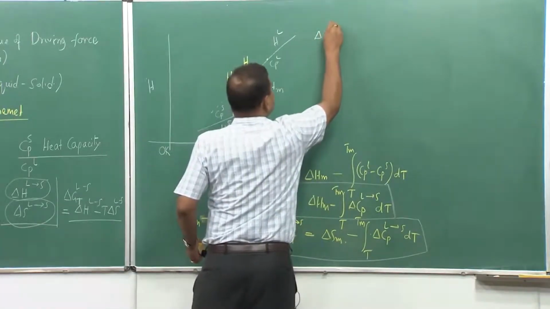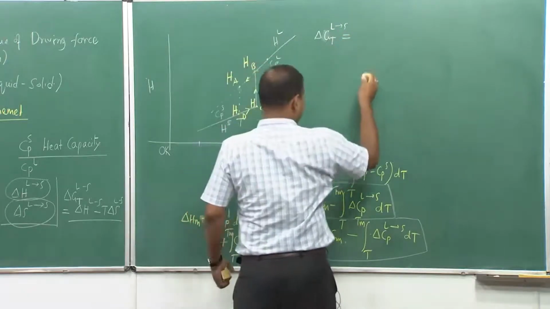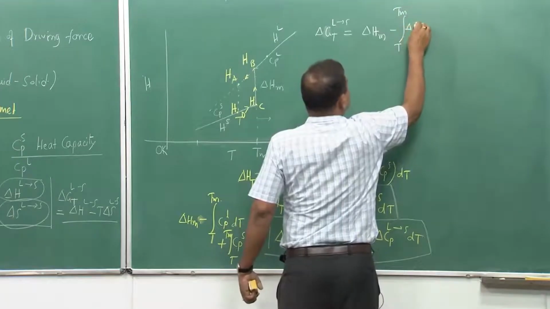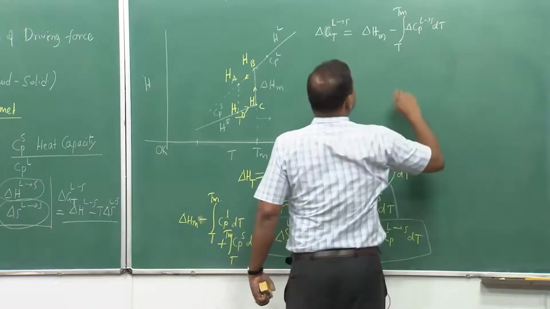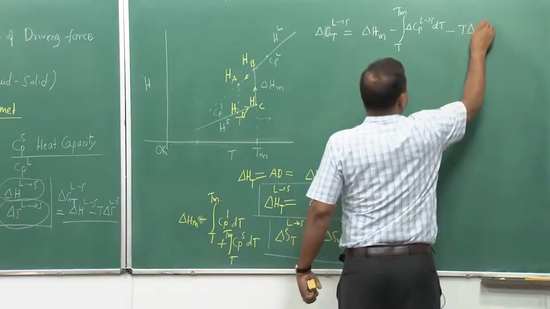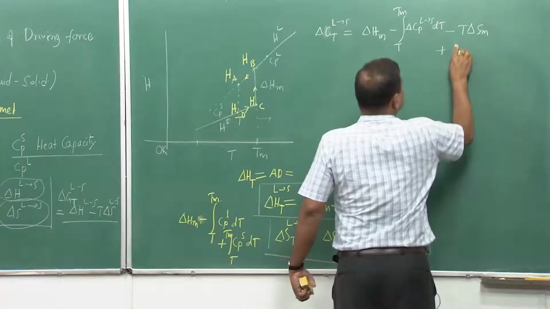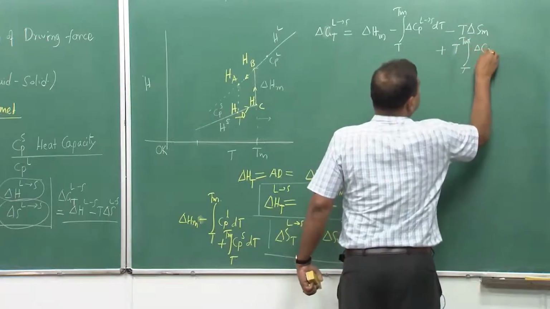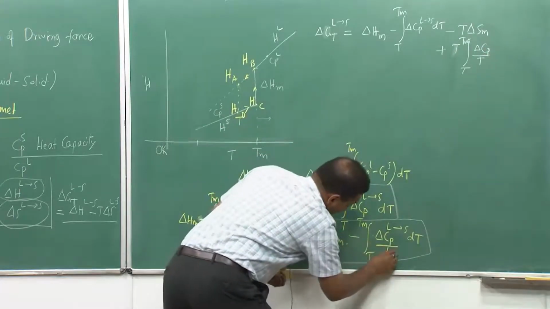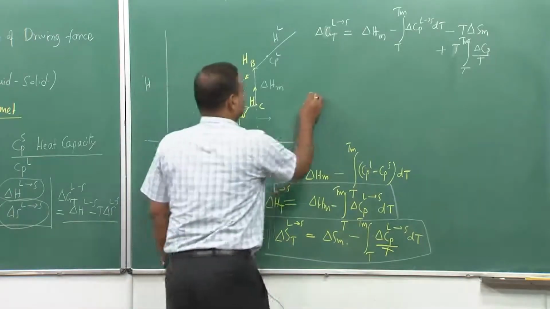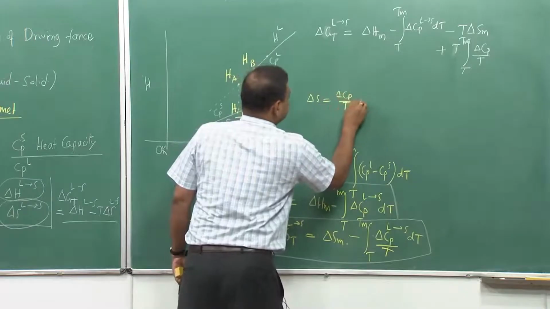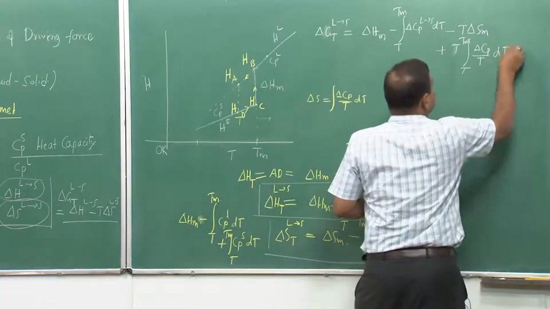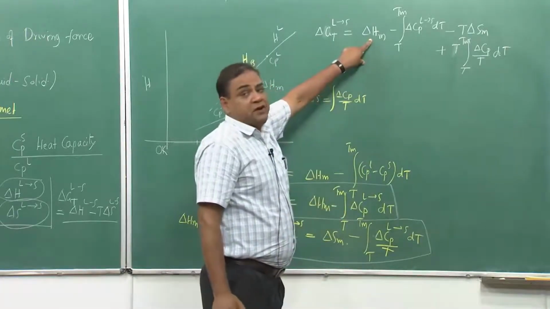Now, if I take that particular thing and put it there, I just remove this part here. So, I will get del G liquid to solid at T equal to del H m minus T del H m by T m, del Cp liquid to solid dT, minus T del S m plus T. Sorry, there is a small change here, there should be a temperature here, because del S is this.